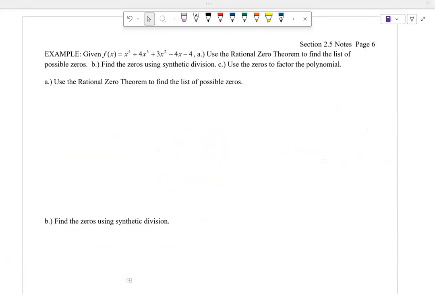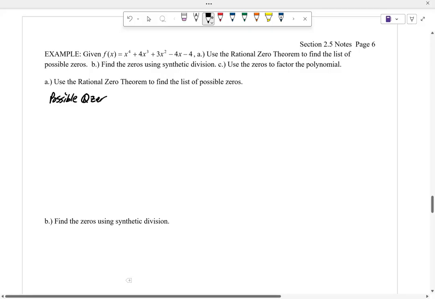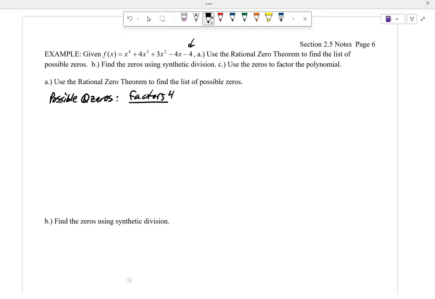This would be a good you try it problem if you want to pause the video, start listing them, and then start testing them. Now that you've tried that, let's go ahead and list out our possible rational zeros. So we got factors of that 4 on the end over factors of the coefficient of x to the 4, factors of 1.